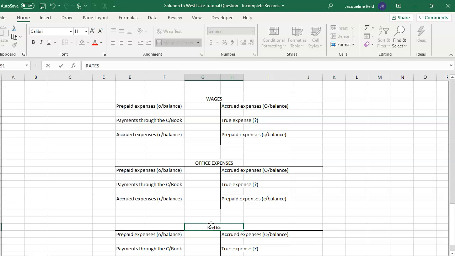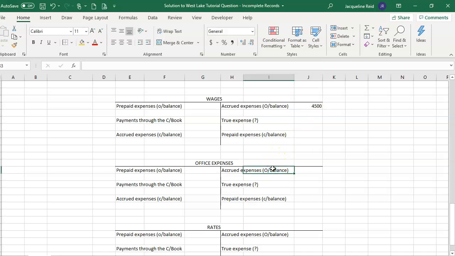Now, in the question, the wages account started with an opening balance, an accrued expense. Remember, they described it as wages owing of $4,500. The office expenses started the year with a prepaid figure of $4,600.